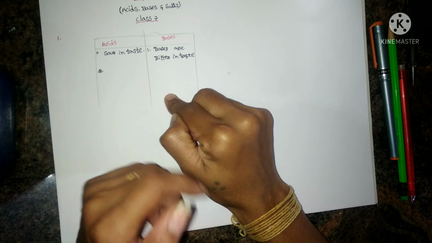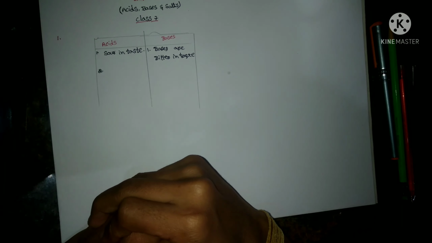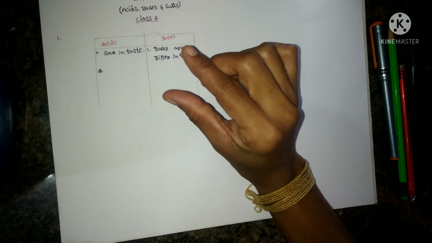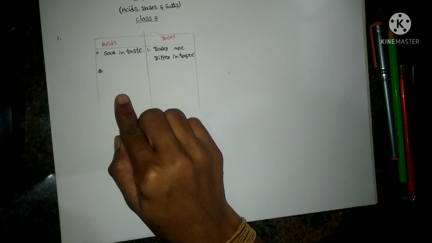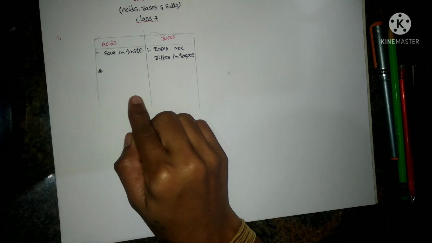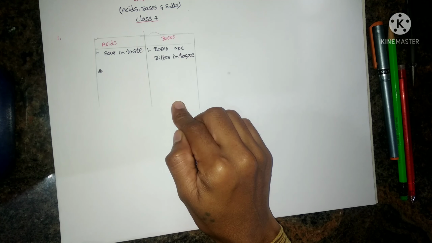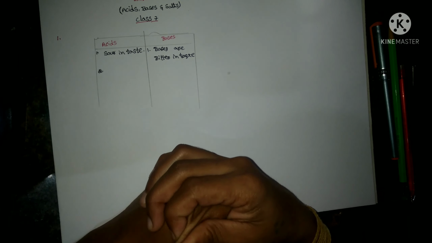Similarly, bases turn yellow color turmeric paper into red. One more experiment you did is China rose indicator. Acids turn the light pink color China rose indicator into dark pink color, and bases turn the light pink color of China rose indicator to green color. That you can also mention as a difference.